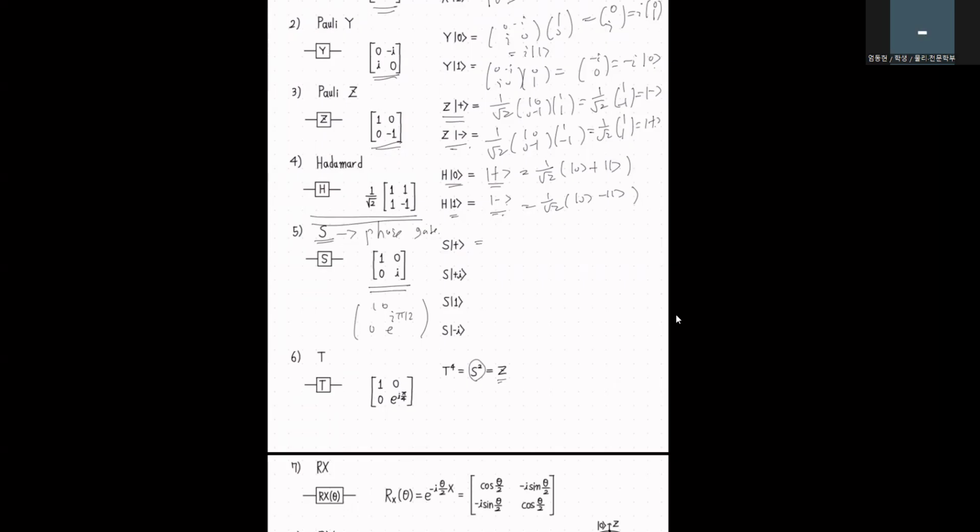I'm not gonna do these, I'll leave them up to you to explore. But basically the S gate is the square root of the Z gate. And we also have what's called the T gate, which is the square root of the S gate. So basically we have this relation over here.